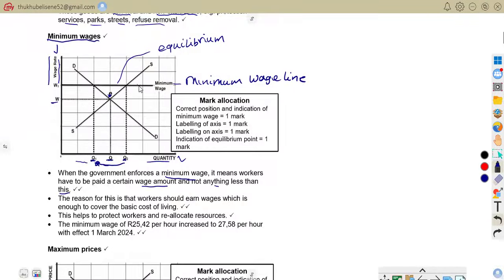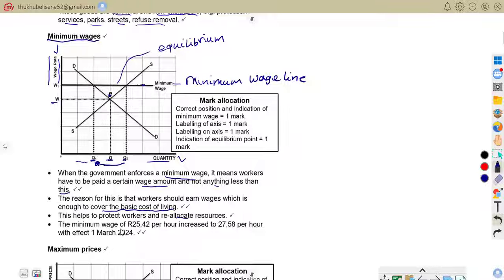Employers are not allowed to pay less than this minimum wage. The reason for this is that workers should earn wages which are enough to cover their basic cost of living.